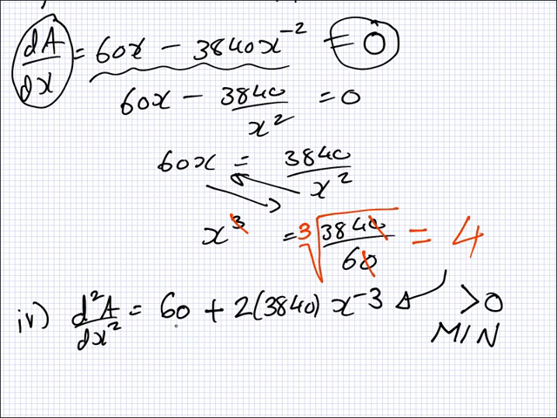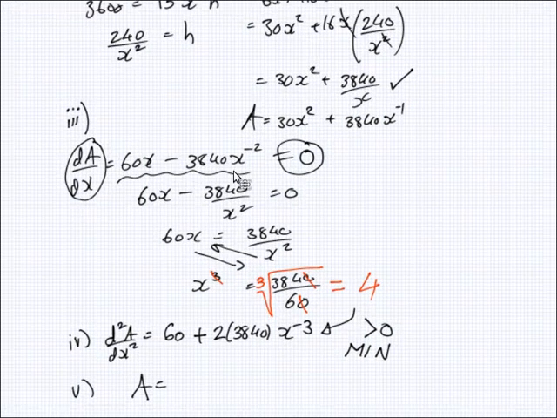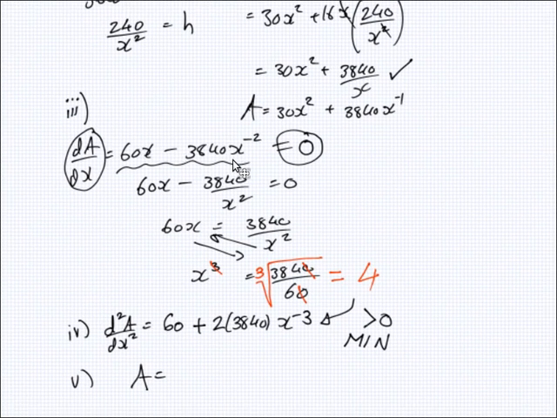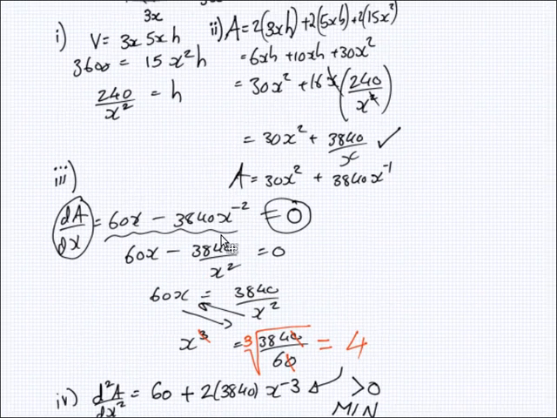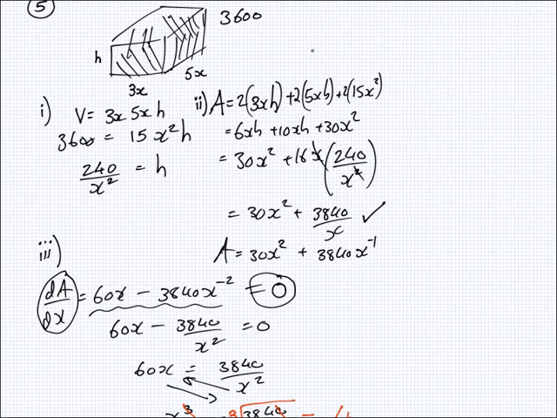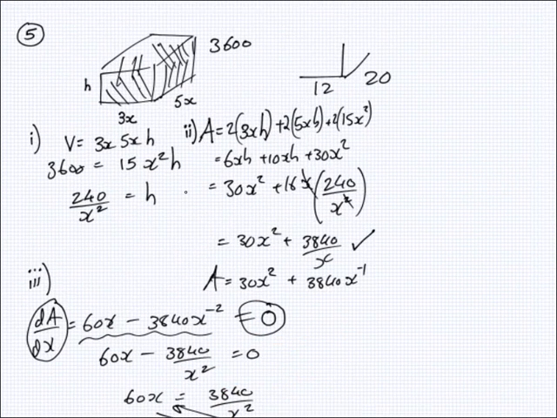Is there another part? Yeah. Find the minimum surface area. Okay, so then just work out what the area is. So if you go back to the picture, sub it in. What do we say x was? 4. So this side is 12, this side is 20, and the height h is 240 over 16.